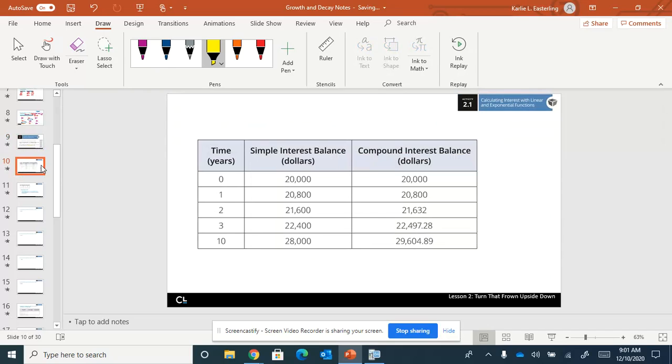And then the next thing on your page is showing a table of the simple interest balance and the compound interest balance. So you can kind of recognize here that this one is going up by $800 a month. You can really tell it between the first two. The other ones you have to do a little bit of math to figure it out, or the first three. So because of that, we know that this first one is a common difference.